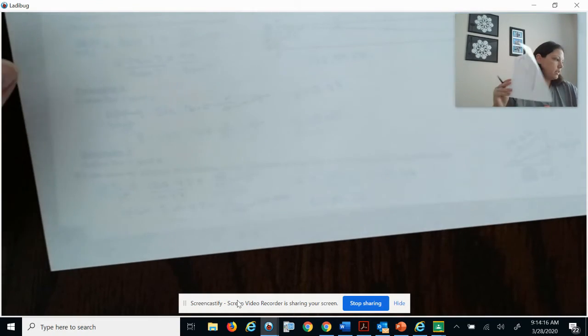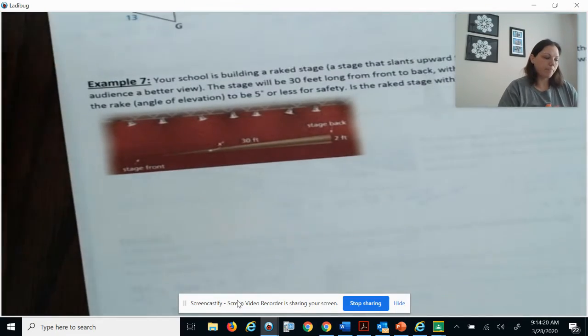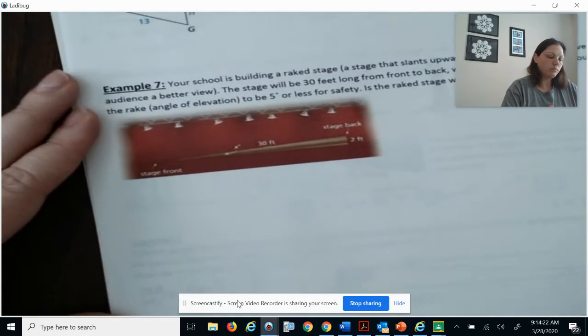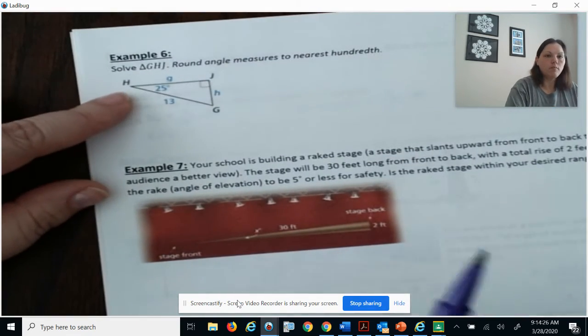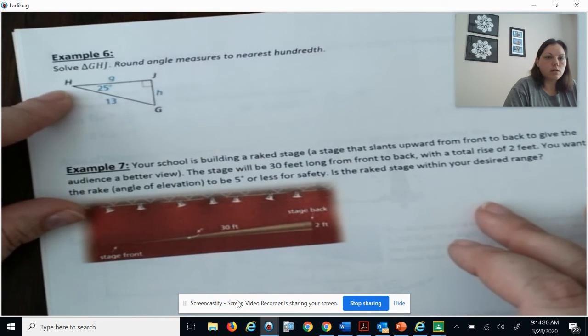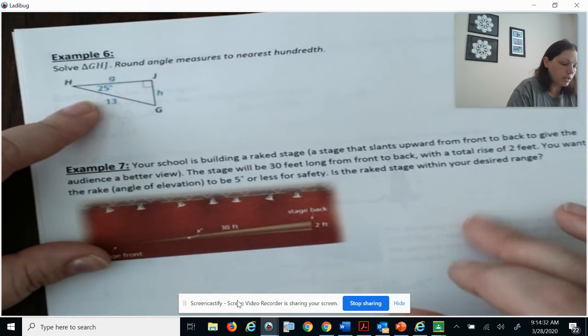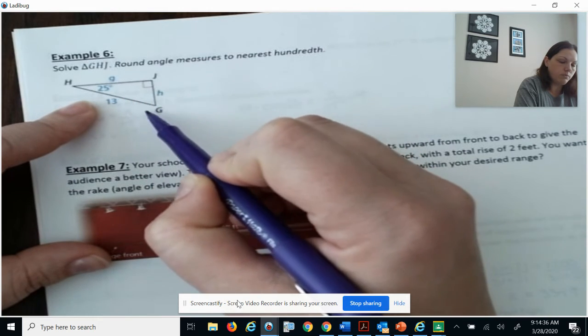All right, example 6. We're going to round the angle measures to the nearest hundredth. Okay, so we need to solve for 2 side lengths now and 1 angle.